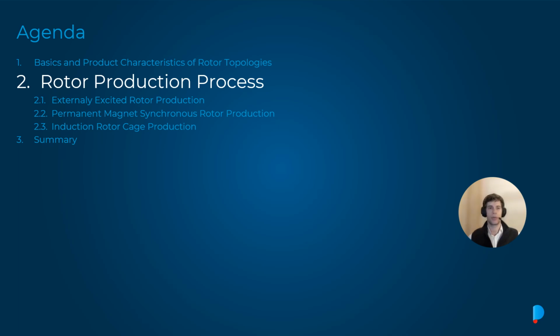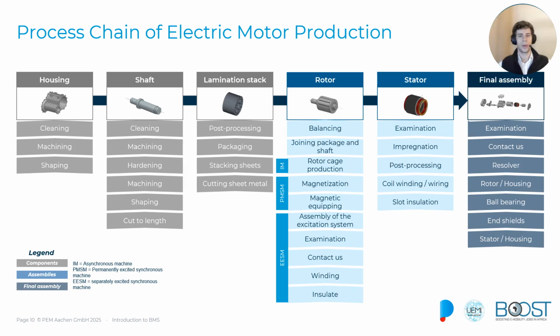Coming now to the rotor production process. If we look at the process chain of electric motor production, we dive into the rotor production and see that the balancing and the joining of the rotor package and shaft are the same for all topologies.